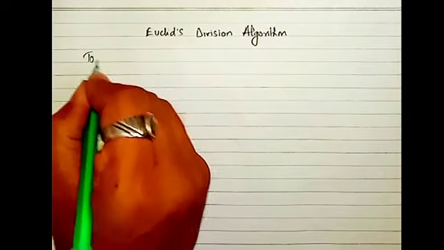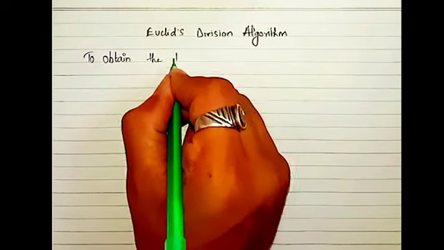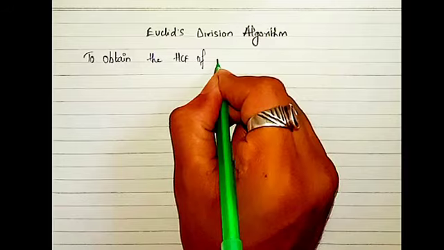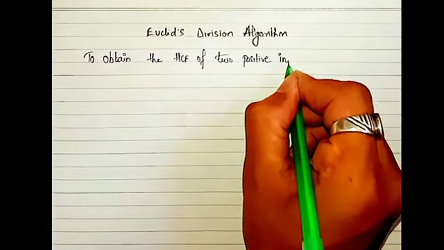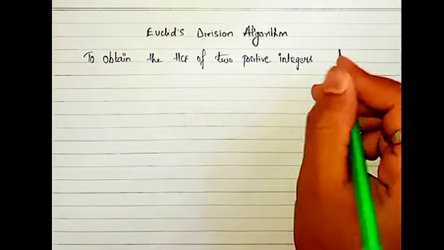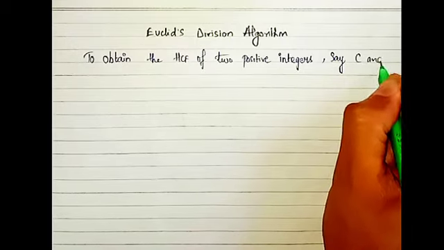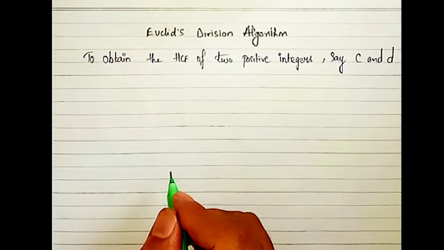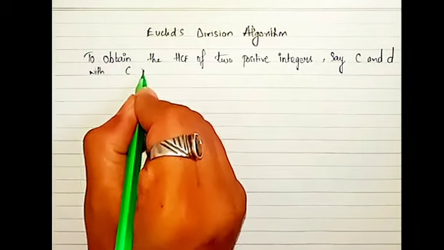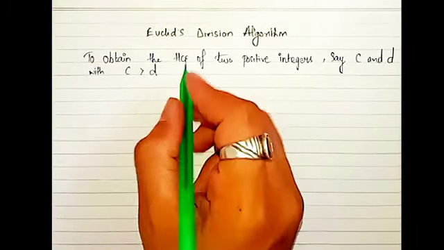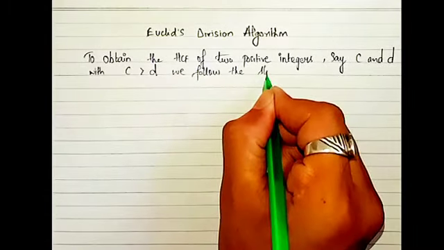So to obtain the HCF of two positive integers, say C and D, with C greater than D, we follow these steps.